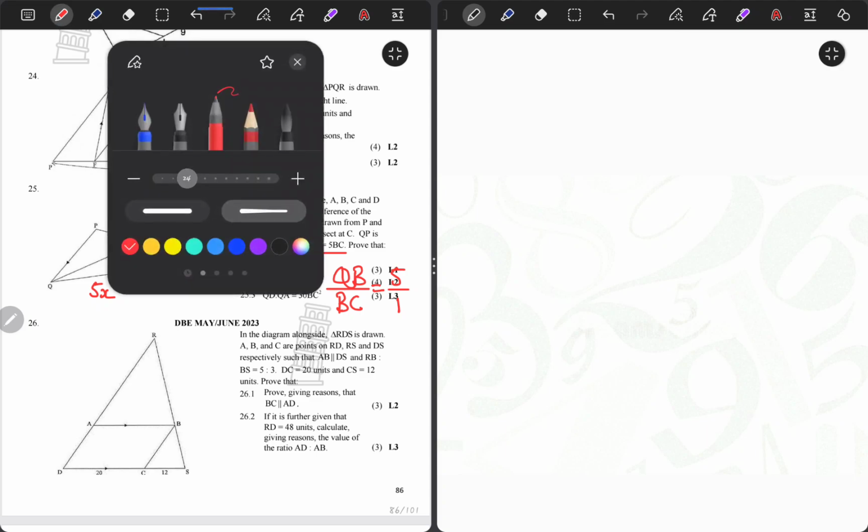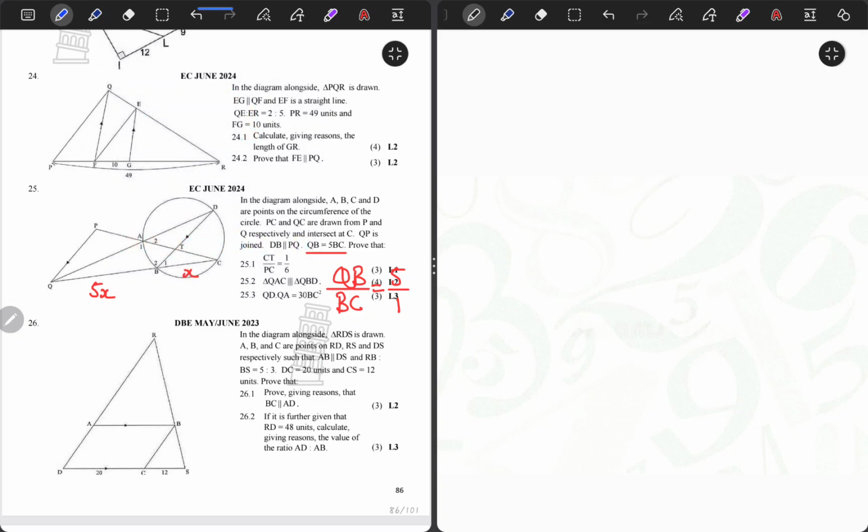That will also help us to determine PT, which will be 5y, and TC will be y, because we can see that the lines QP are parallel to BT.